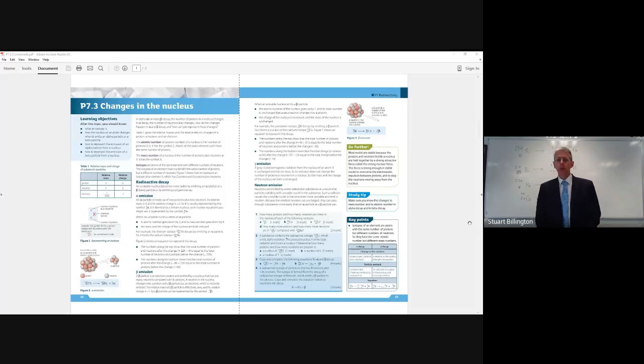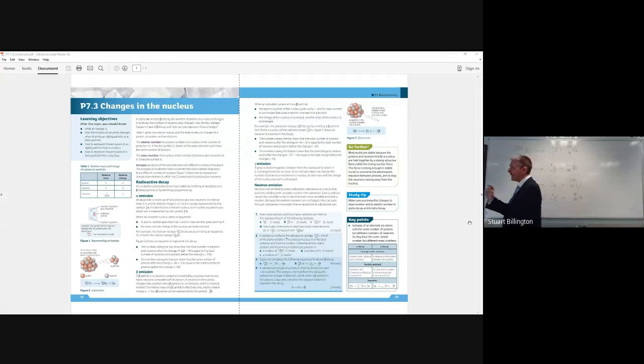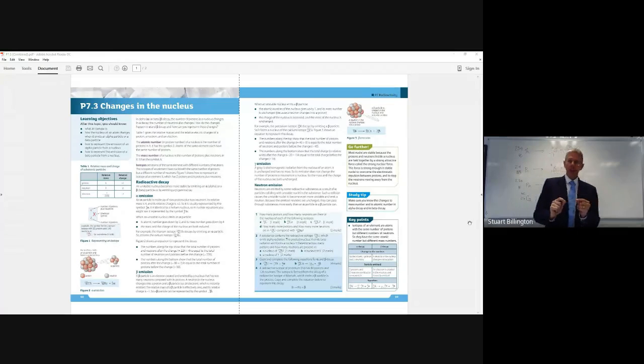So what I would like you to do for the time that remains is to skim read over that to make sure it makes sense to you. In particular, there's a tiny little bit on the second page in the middle under the heading neutron emission that I haven't spoken about, but it's just a couple of sentences and you can read that for yourself.